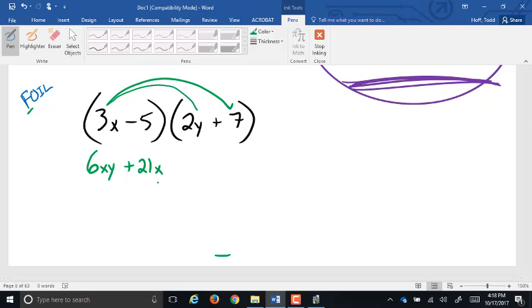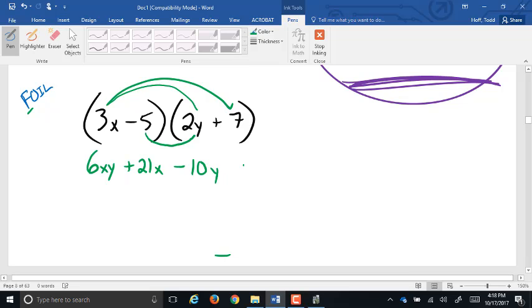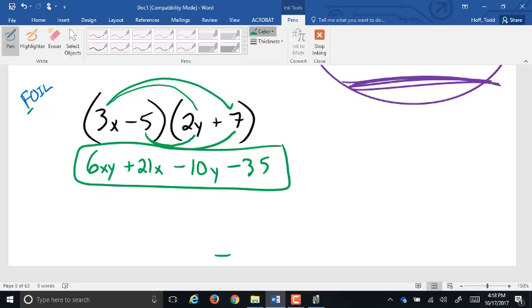Next, we would do -5 times 2y, which is -10y. And finally, -5 times 7 is -35. Is there anything we can combine there?